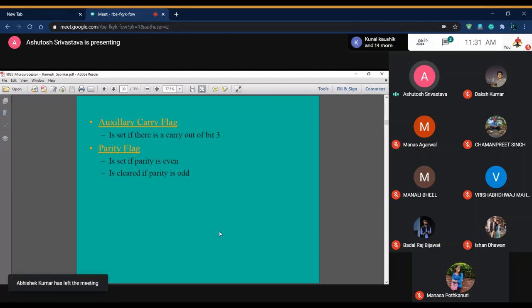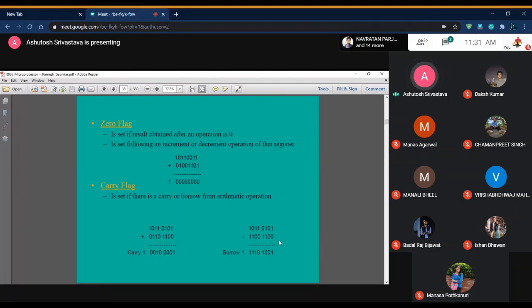So when we are talking about this auxiliary carry, it is reflected in your bit 3, as I was mentioning. So 0, 1, 2, 3. So this would be reflected further on. So it is talking about this part.